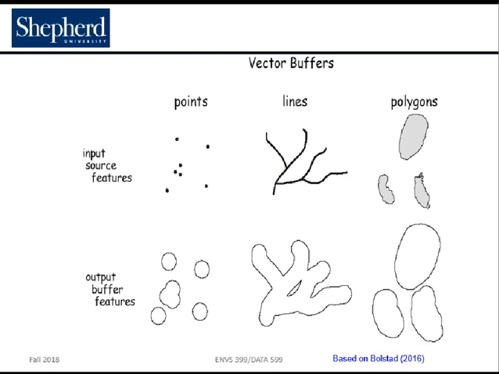Vector buffering may be applied to point, line, or area features, but regardless of input, buffering always produces an output area with area features. As we see in the slide, all of the output buffers are areas.